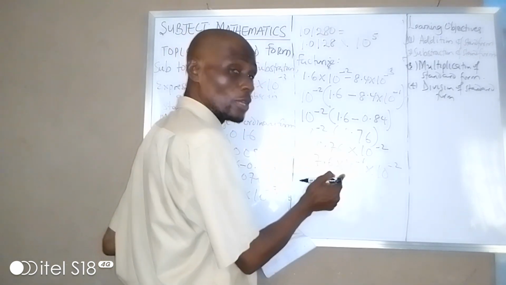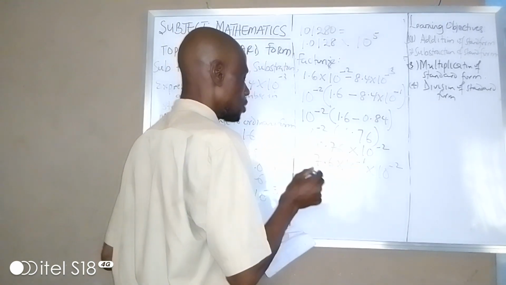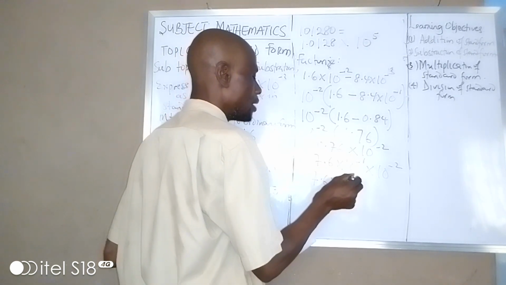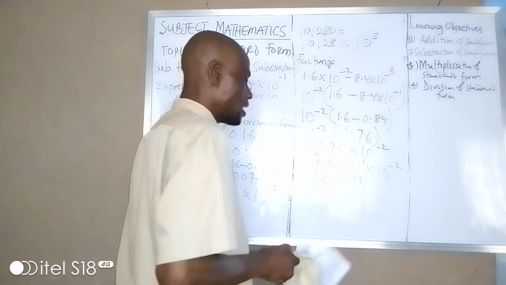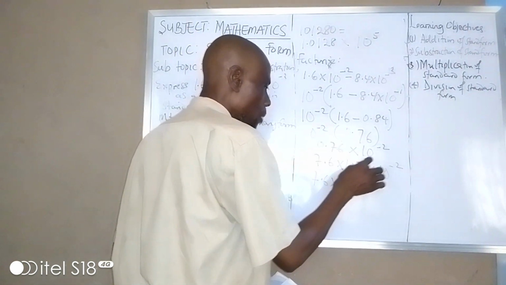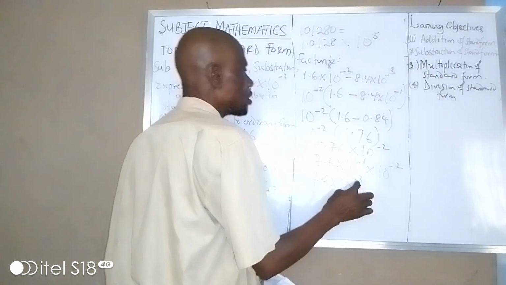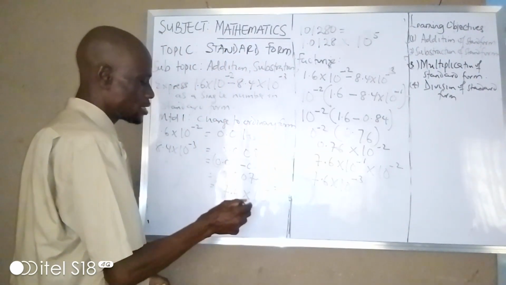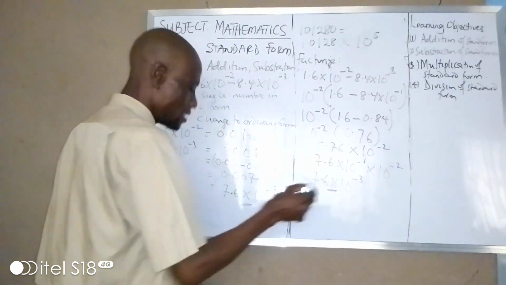This gives us 7.6 times 10 to the power minus 3, because minus 1 plus minus 2 gives us minus 3. So you can see that what we got here using the second method is the same thing.